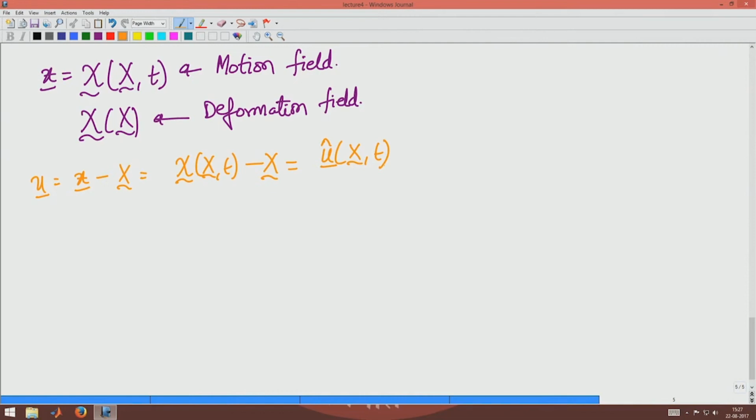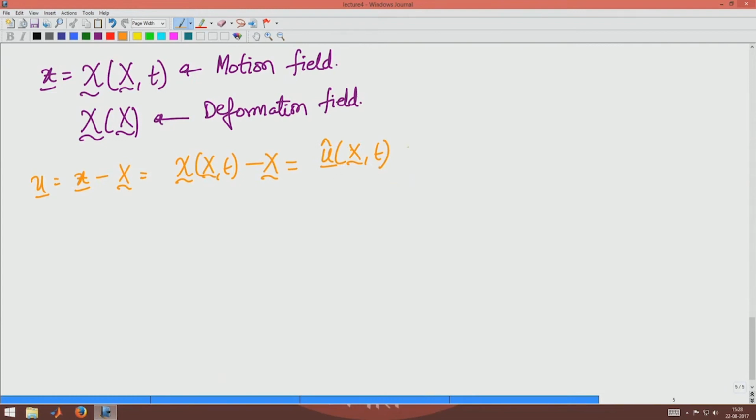Okay. So, now what does this mean? This will tell you how much a particle whose position in the reference configuration was capital X moves or displaces with time.